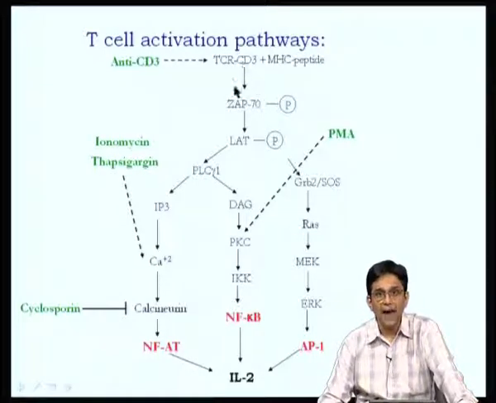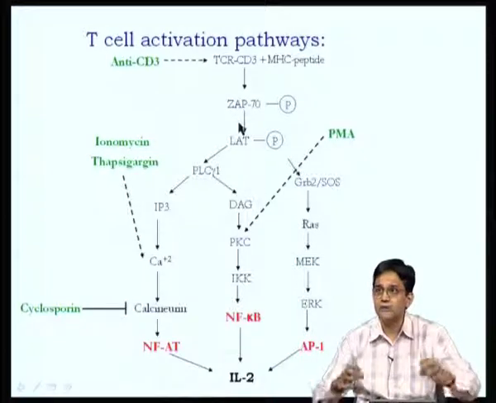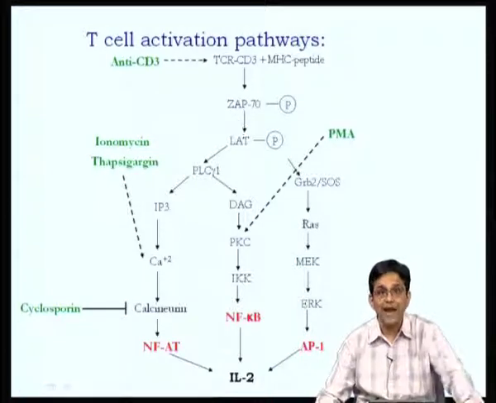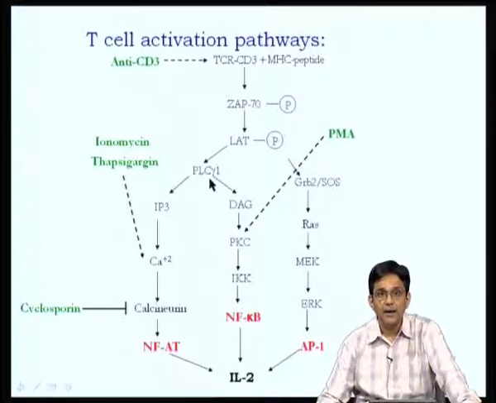Then we have phosphorylation, dephosphorylation events leading to phosphorylation of ZAP70 and LAT, or linker for activation of T cells. These two are adapter molecules, and subsequently you have amplification of the signal where PLC gamma gets activated. It results in activation of diacylglycerol and IP3.